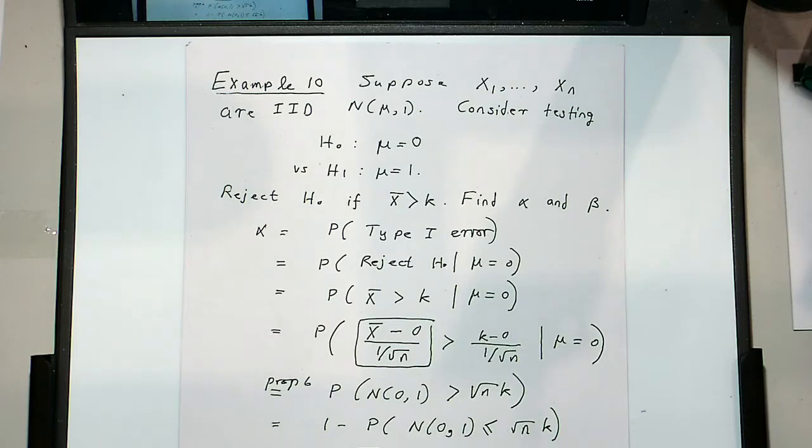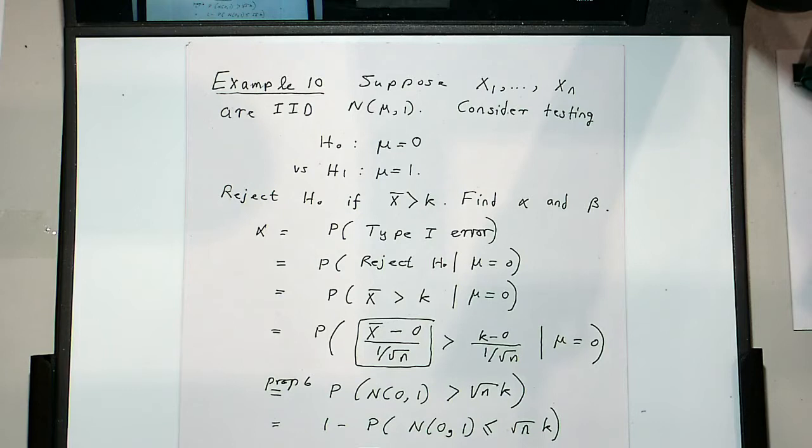So alpha is equal to 1 minus phi of root n times k. Is that clear to all of you or not? Any questions, guys? Please give a shout. Okay.